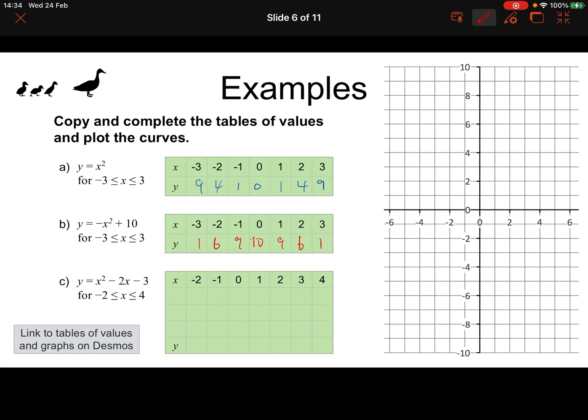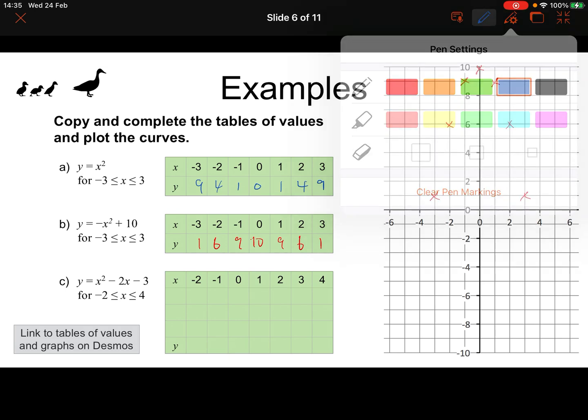Now remember, it's got to look like a U or an N. So let's do 3, 1, that would be here. 2, 6, that would be here. 1, 9, that would be here. 0, 10, that's here. And then we're falling back down. And we can see it's working quite nicely.